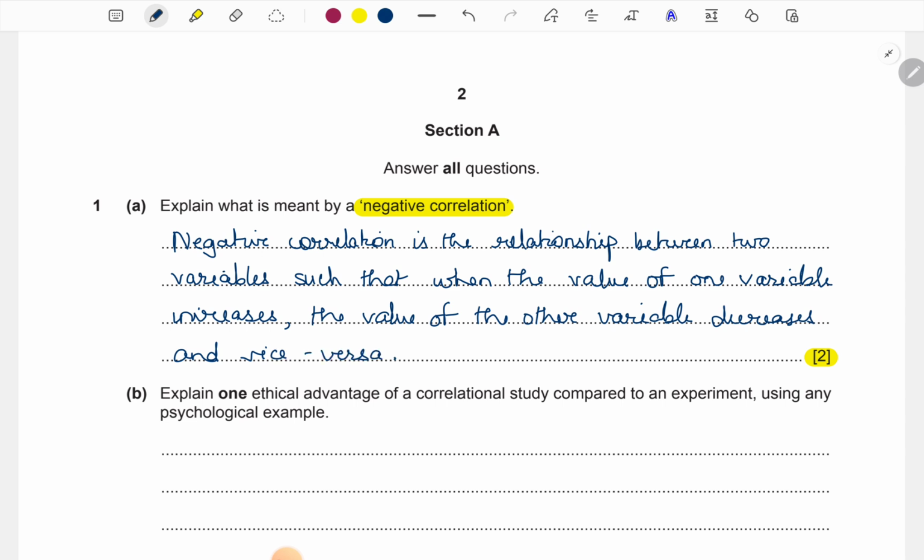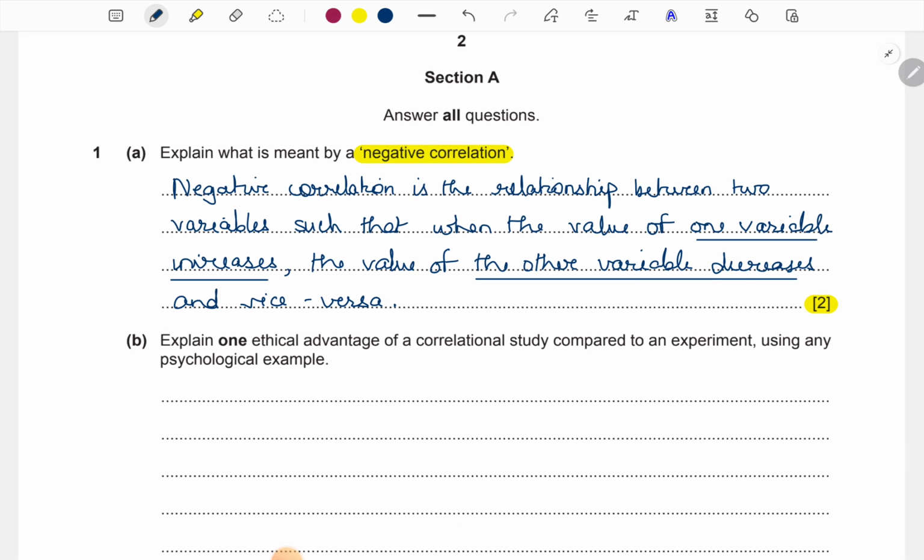Okay, so what is key here for scoring is clarity. You can always highlight key points for easy reading for the examiner.